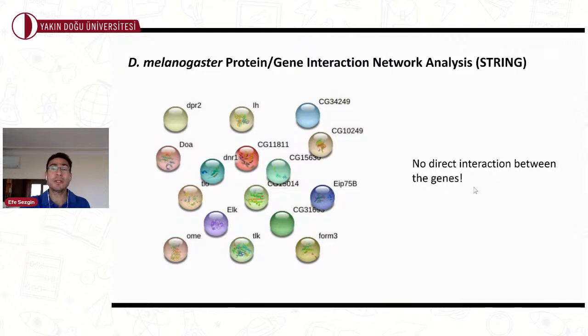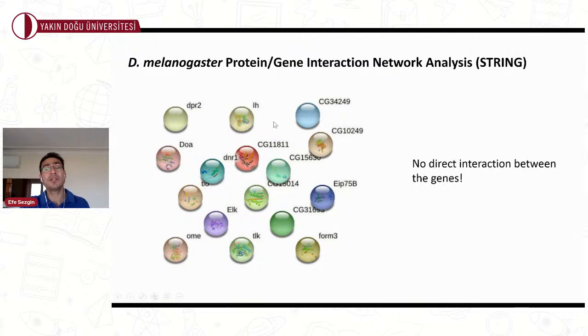So this is also another level of analysis that you can take. You can do gene-protein interaction network analysis. This is an example from the STRING bioinformatic tool. These are all the genes that we identified as involved with Basidiomycota, in the list that I showed in a tabular format.